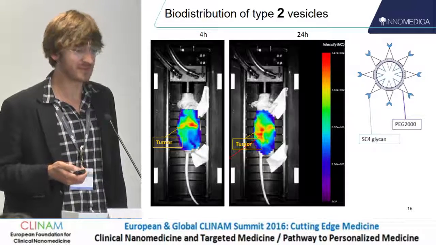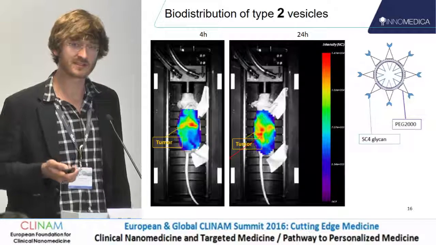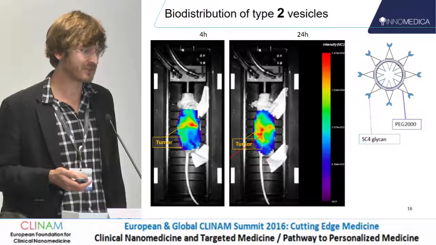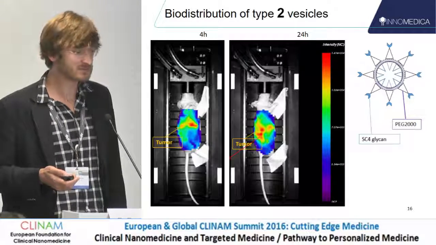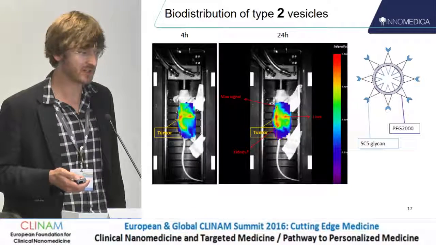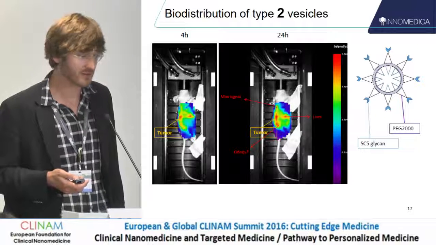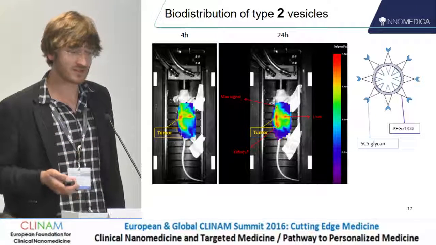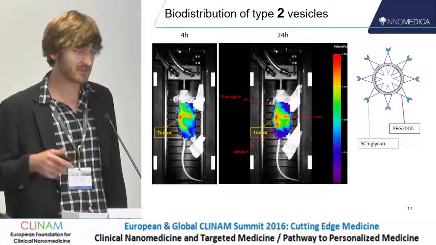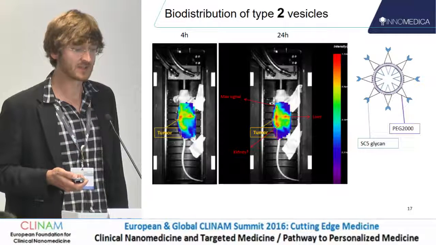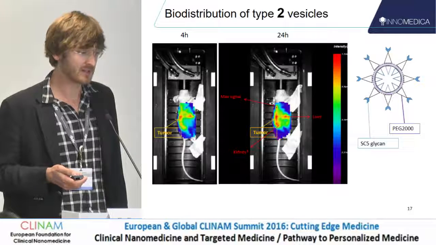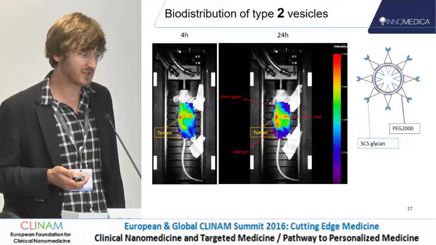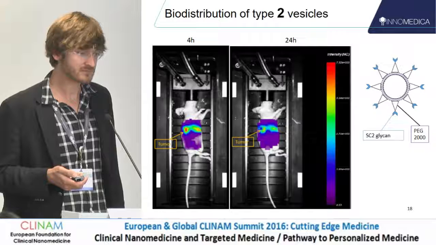But so far, we just use this as a proof of concept that sugars have a great impact on the biodistribution, and that sooner or later there will be interesting things derived thereof. This is sialyl Lewis A, which is very similar to sialyl Lewis X, with just a very small difference, giving a quite similar picture of distribution.